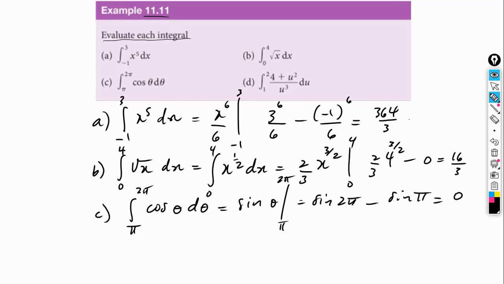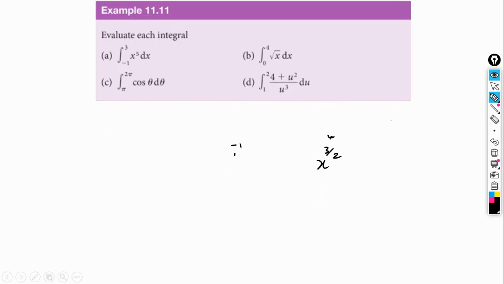And then finally, we have letter D, which we're going to do after I erase all this. So for D, they want us to integrate from 1 to 2 the function (4 plus u squared) over u cubed du. So this is a typical case where we can separate the fraction into two separate fractions, right?